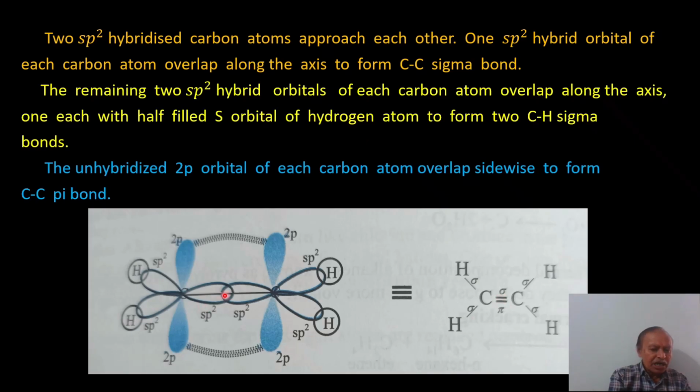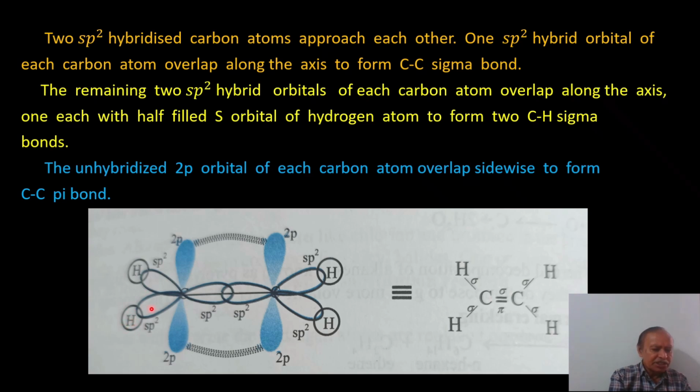Our remaining two sp2 hybrid orbitals overlap with the half-filled s orbitals of the two hydrogen atoms. This sp2 hybrid orbital of this carbon atom overlaps with the half-filled s orbital of one hydrogen atom, and another sp2 hybrid orbital of this carbon atom overlaps along the axis with the half-filled s orbital of the second hydrogen atom.